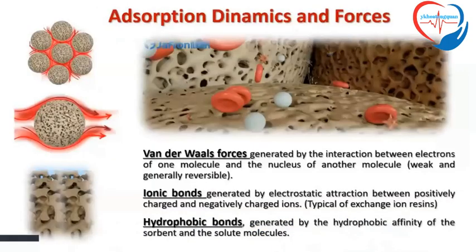toxin. We have different forces, including van der Waals forces, ionic bonds, hydrophobic bonds. These last ones are the strongest type of bonds. And this type of adsorption dynamics is facilitated by an extremely simple and smooth circulation of blood between the beads.